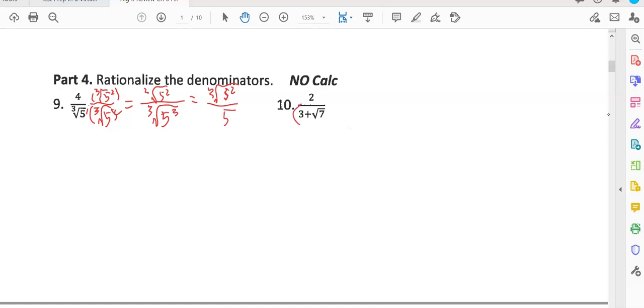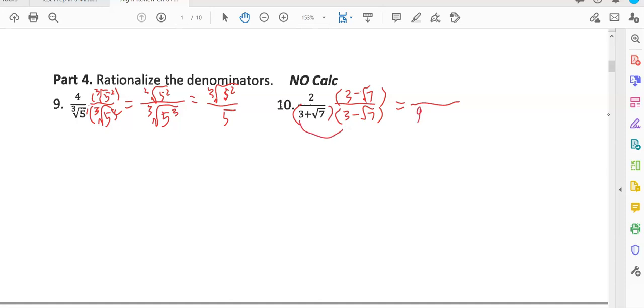This one is a binomial, so you have to multiply by the conjugate. The conjugate of 3 plus square root of 7 is 3 minus square root of 7. So I'm going to wait on distributing up top, but I want to simplify the denominator first because maybe it'll cancel with the 2. So just do first and last.